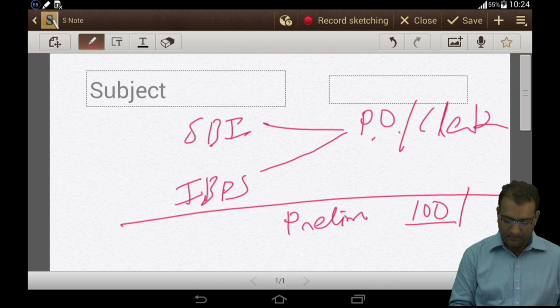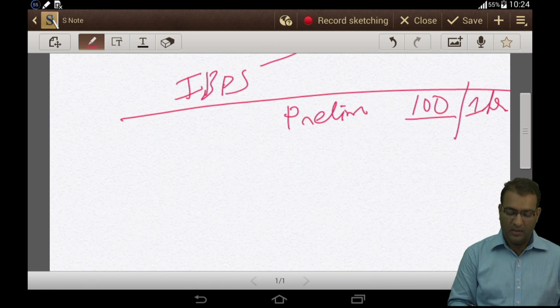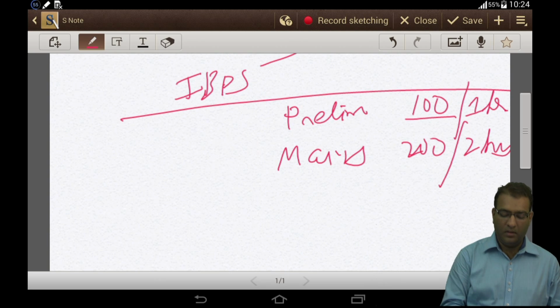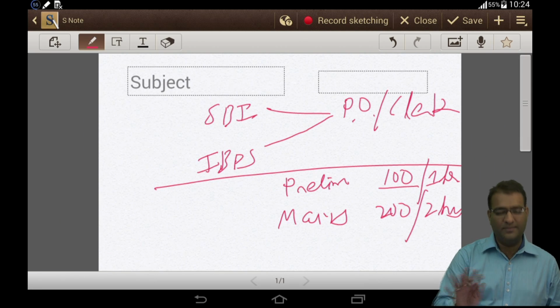Preliminary is 100 marks, 1 hour. And mains is 200 marks, 2 hours. I hope you are able to understand this. All exams, SBI PO, SBI clerk, IBPS PO, IBPS clerk.